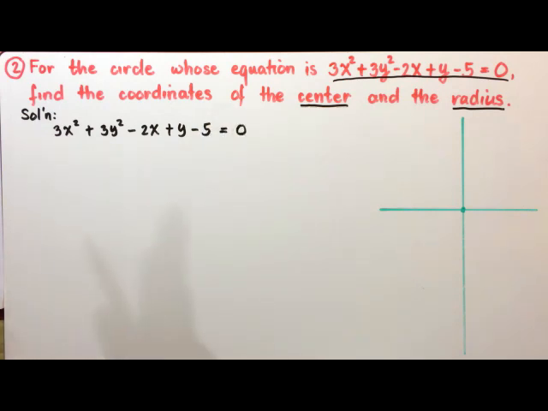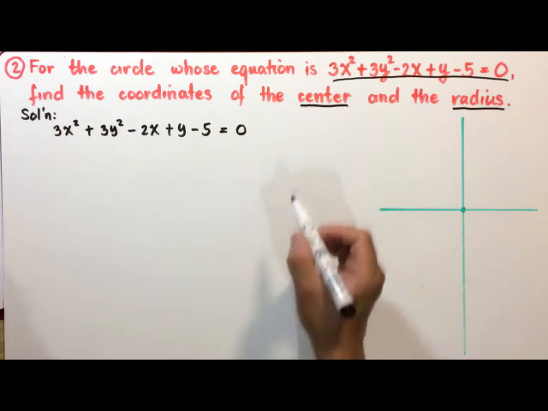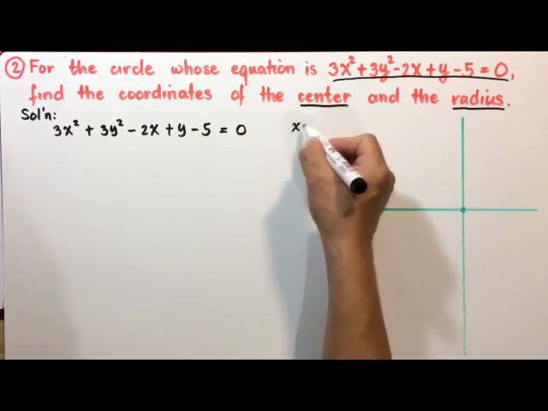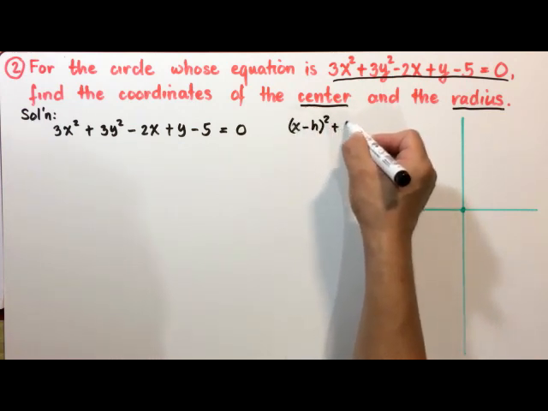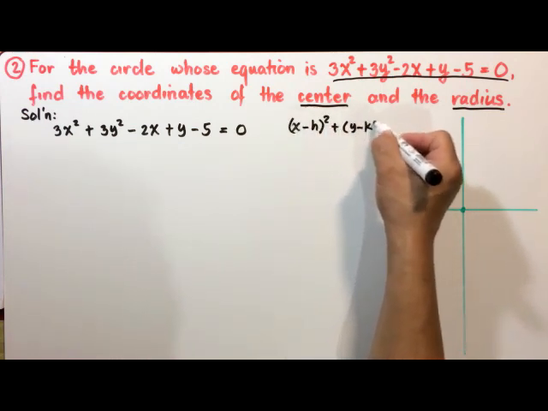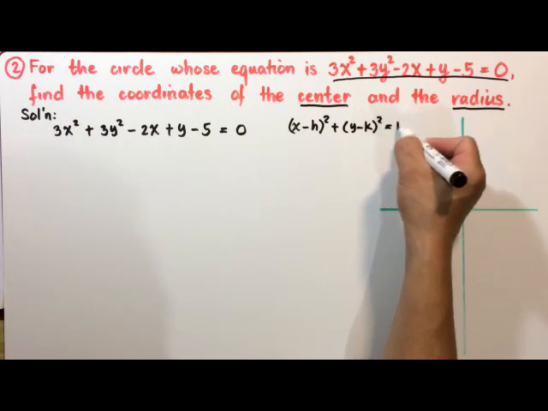My objective is to transform this to standard form, because in standard form you can determine the center and the radius. Can you recall the formula of the standard equation of the circle? The formula is (x minus h) squared plus (y minus k) squared equals r squared.